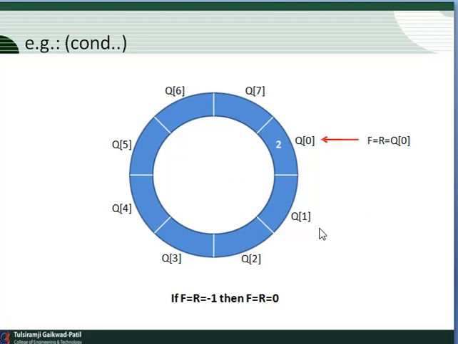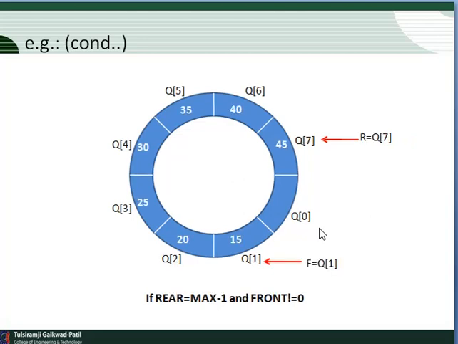The reason we have to make it 0 is because this is having a certain value. If rear is equal to maximum minus 1 and front is not equal to 0, that is, if rear is equal to max minus 1, whatever that maximum value is, that is Q7 having the maximum value minus 1, with rear pointing towards here, and front is also not 0, front is located at your Q1 position, front is not equal to 0.